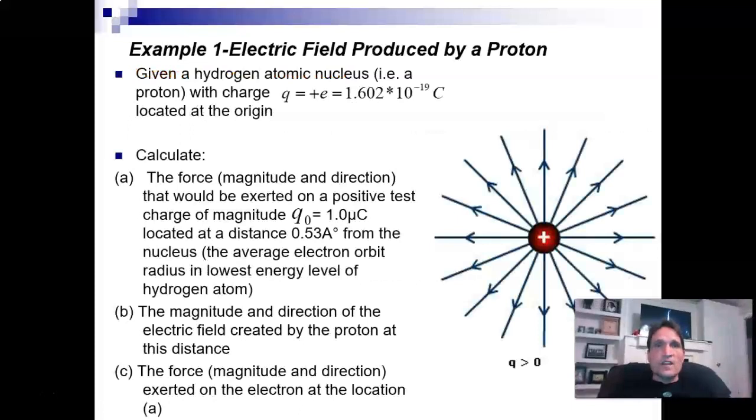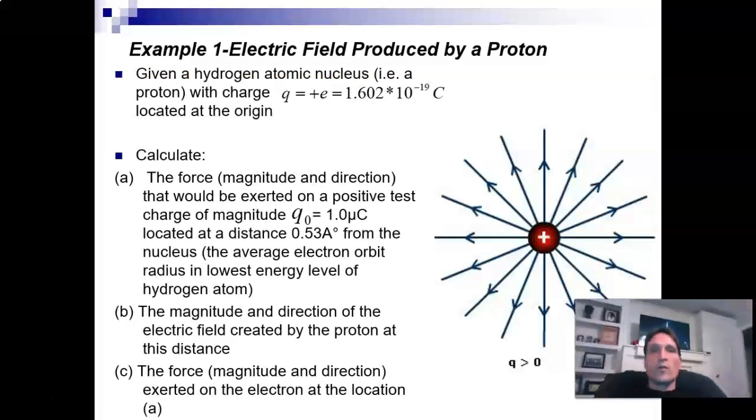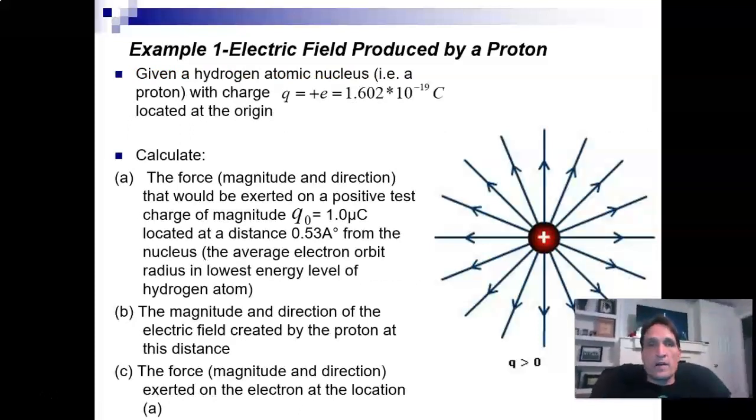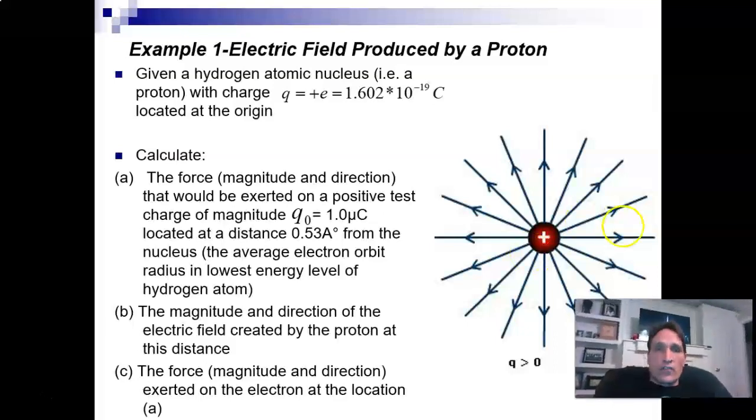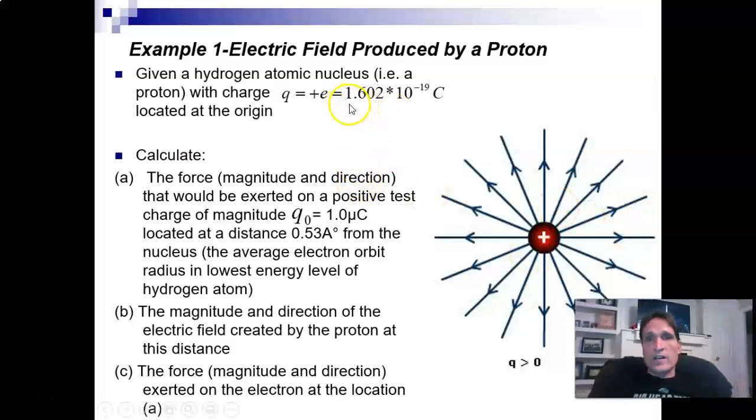So let's do an example here, and we'll go back to our hydrogen atom. Remember, in a hydrogen atom there's a nucleus, and the nucleus is just a proton with a charge of 1.6 times 10 to the negative 19 coulombs. So let's calculate the force that would be exerted on some positive test charge of 1 microcoulomb placed 0.53 angstrom, where 1 angstrom is 10 to the negative 10 meters, from the nucleus.